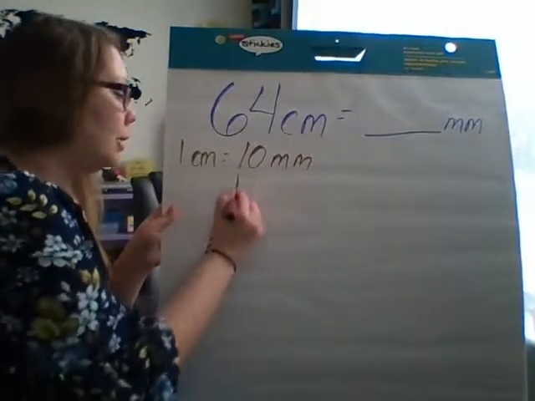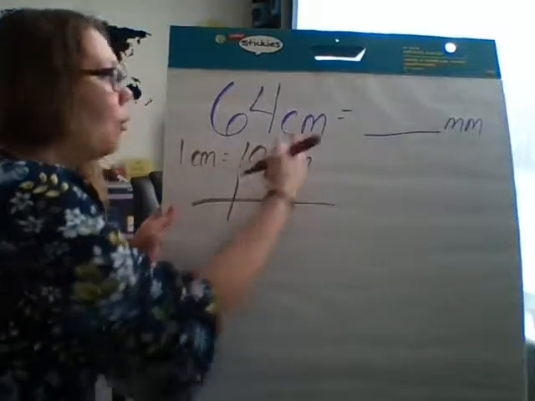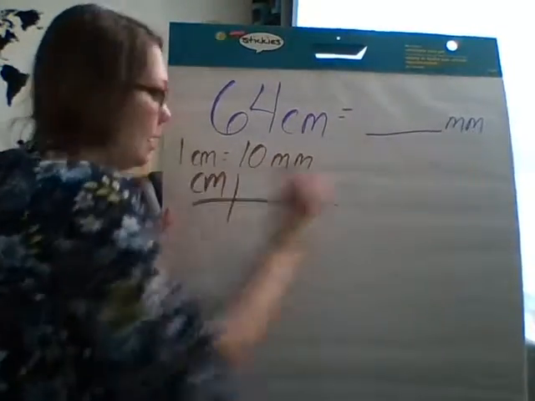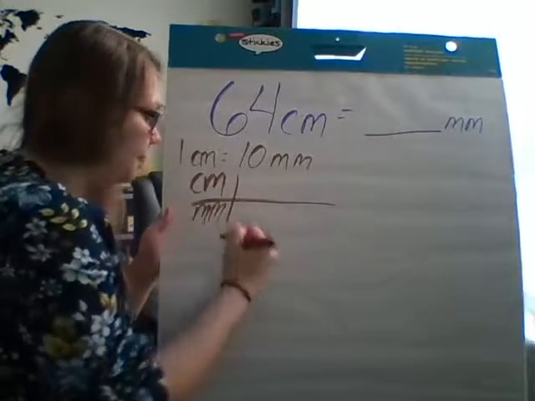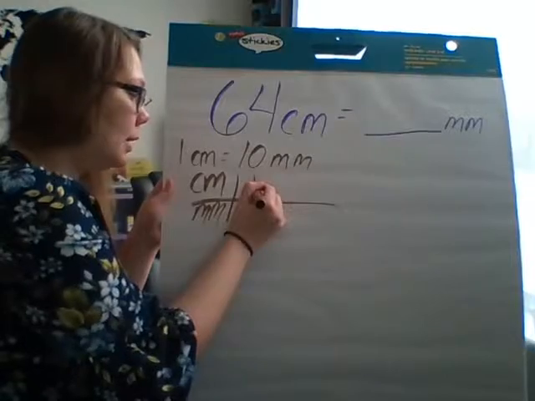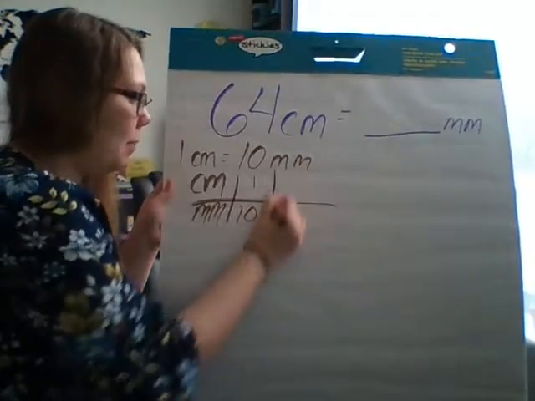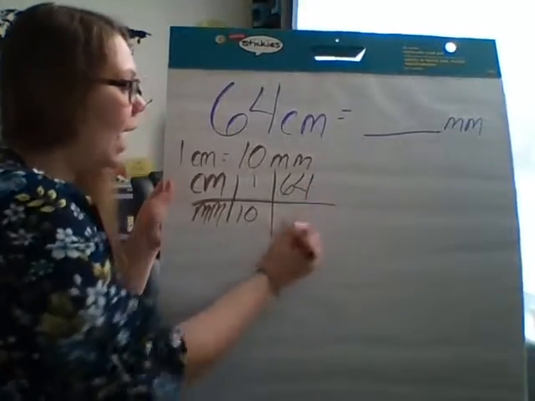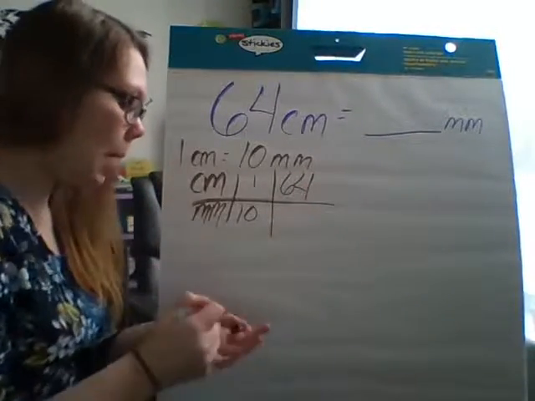Remember, this is where our ratio table comes into play. We're going from centimeters to millimeters. Okay, so we know that we have 1 centimeter equals 10 millimeters. We actually have 64 centimeters, and we're trying to figure out how many millimeters.